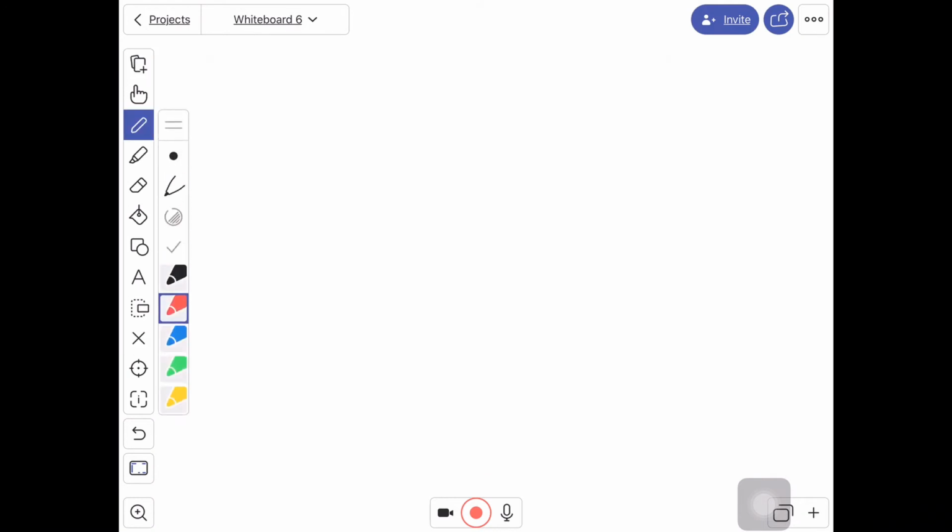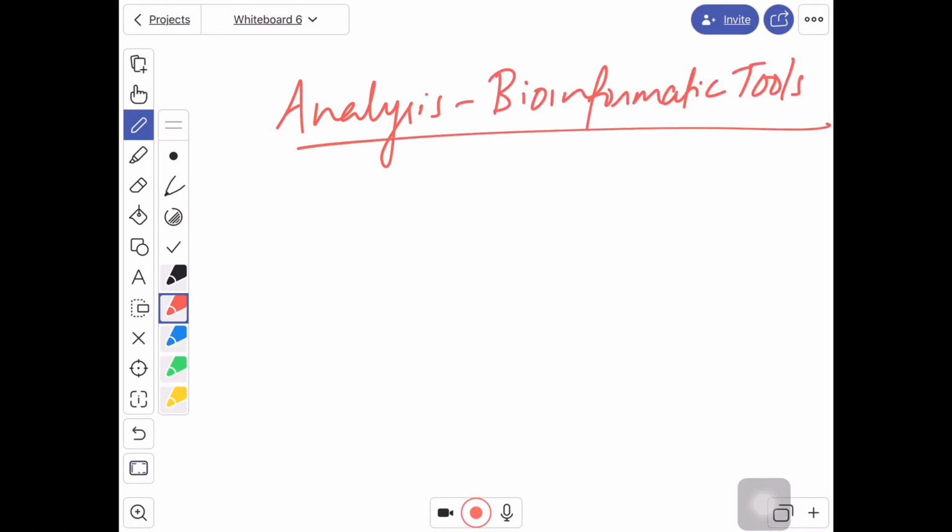Now the last part of your chapter deals with the analysis that we can do by using bioinformatic tools. First, we can have processing of raw information.